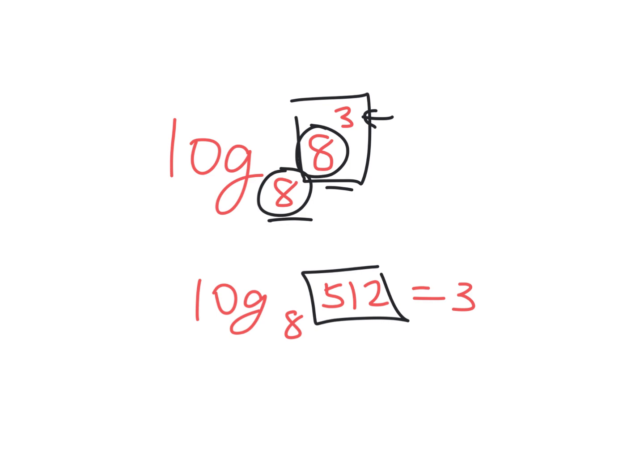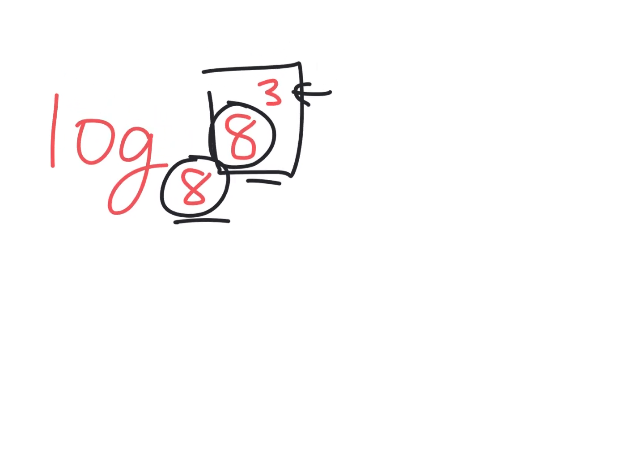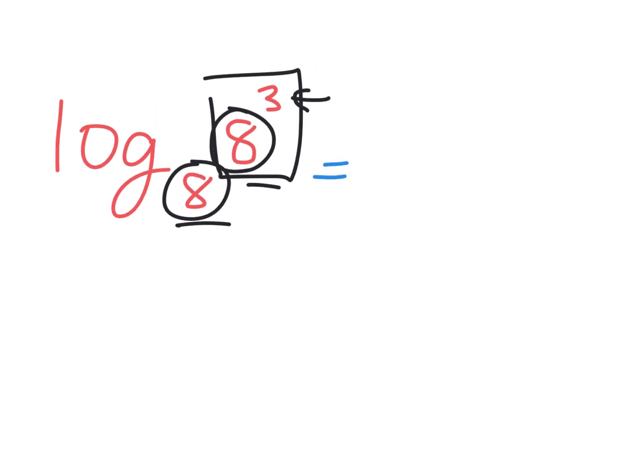Another way I could show you this, and again, I think showing you all these different ways, you can pick your own favorite way. I could rewrite this as an exponential. And it would be 8 to the power of, wait, I should do my rewrite like over here. 8. And then this whole thing equals x. If there isn't already a variable, you can just say equals x, because I don't know what it equals.